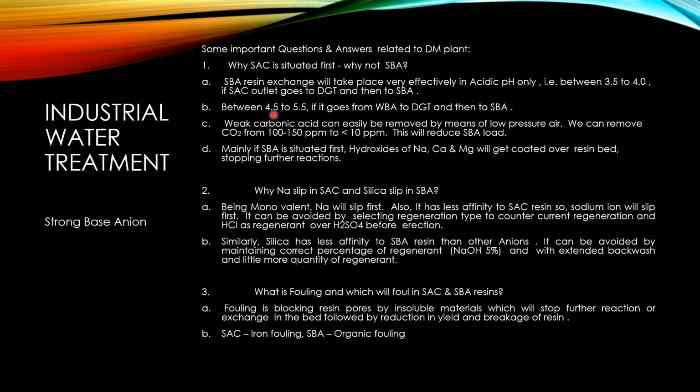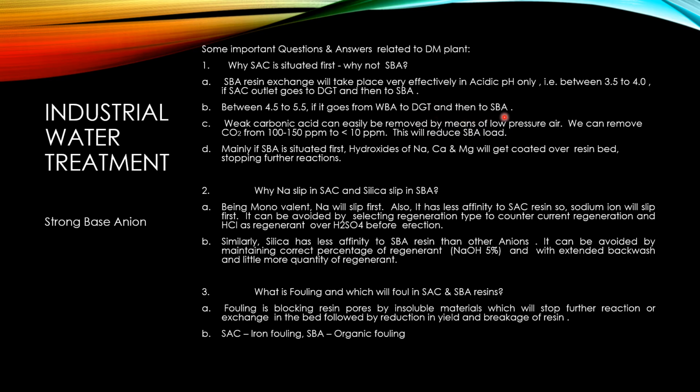The second reason is, if it is going to WBA and then to the degasser tower, the pH will be slightly higher. Then also it is in the acidic range, 4.5 to 5.5. When it goes from WBA to the degasser tower, only chlorides and sulfates are removed in WBA, and CO2 in the degasser tower.